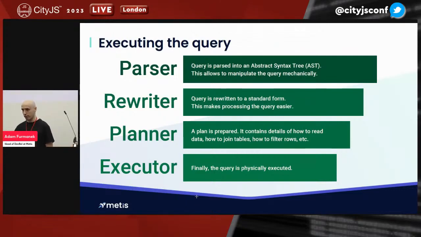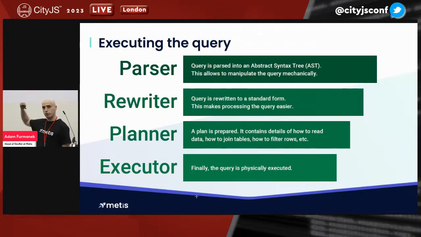When it comes to the SQL engine, the typical way your query is executed, no matter what query it is, a select statement, simple ones or complex ones, is that it goes through various phases. First, it is parsed by your SQL engine into some standardized form, and then it's rewritten to make it unified and standardized, so the SQL engine can reason about the query in a great way.